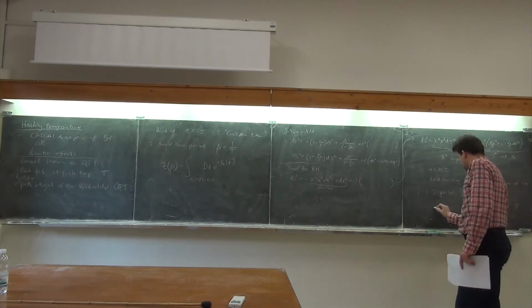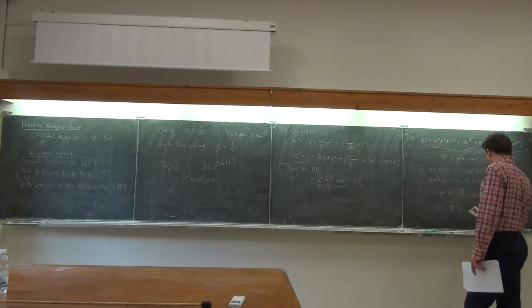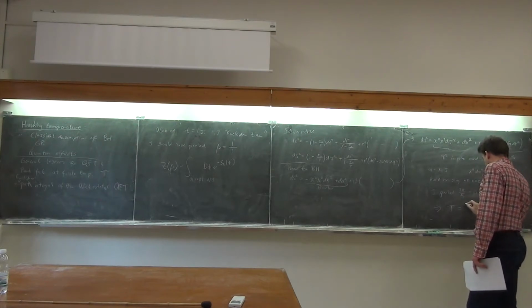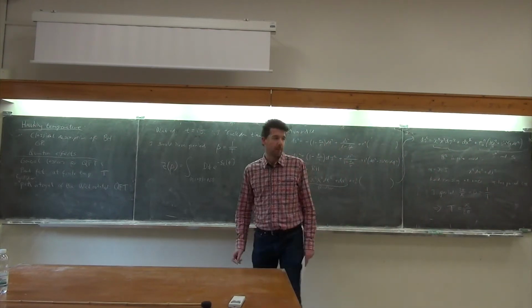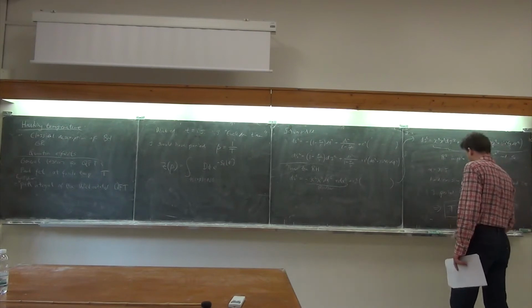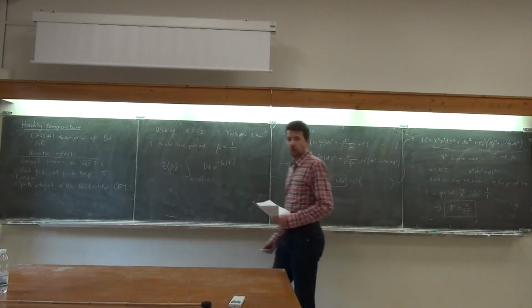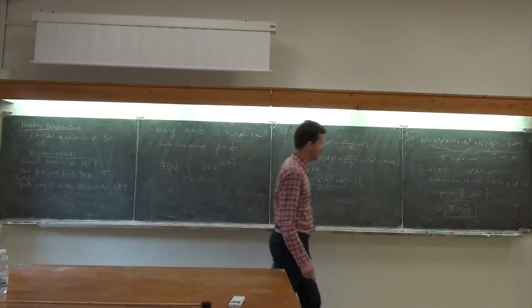So, in other words, we have derived that the temperature of a black hole should be equal to the surface gravity kappa divided by 2 pi. So this is the Hawking temperature of a black hole.